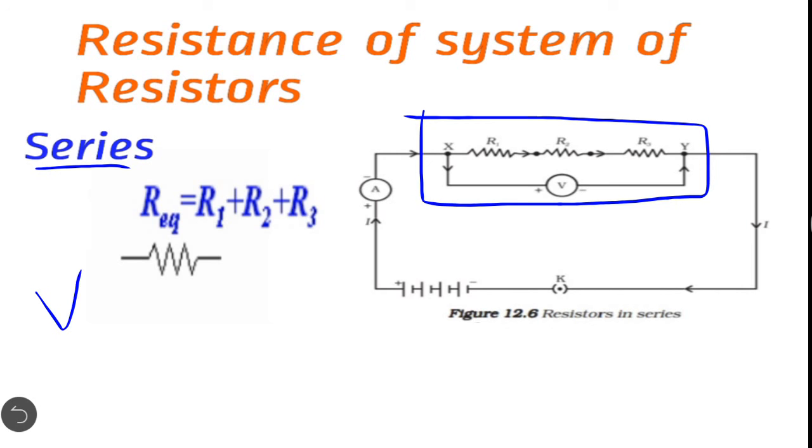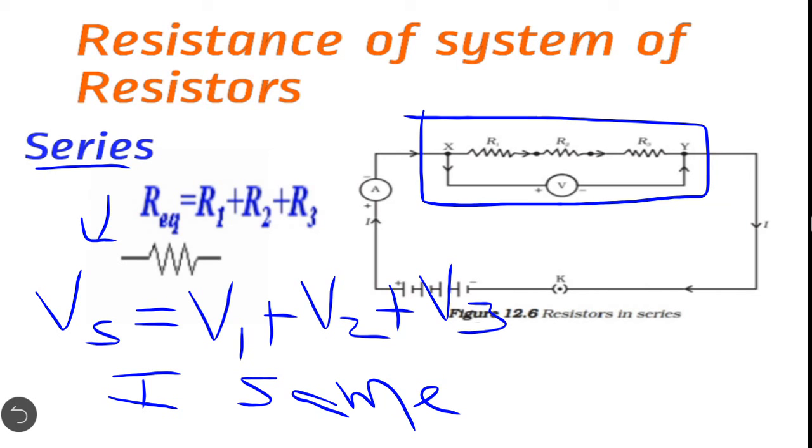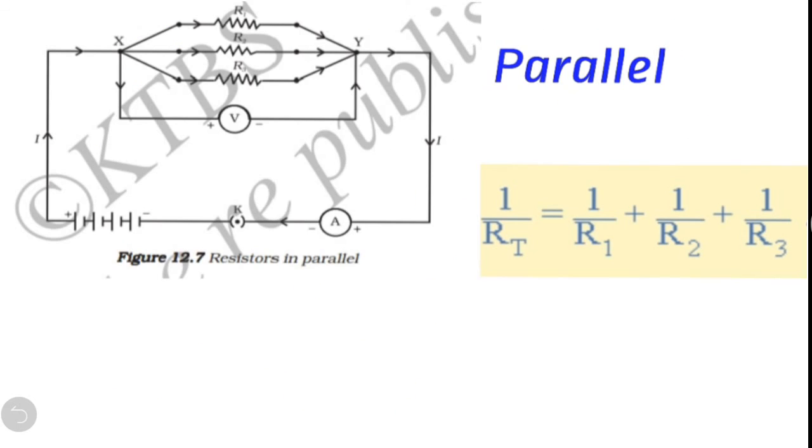By using Ohm's law you can convert this equation as V, the potential difference in series, will be equal to V1 plus V2 plus V3, and in this case I will be the same in all resistors, meaning the current through all the resistors is the same. Okay, it is clear. Let's see next.